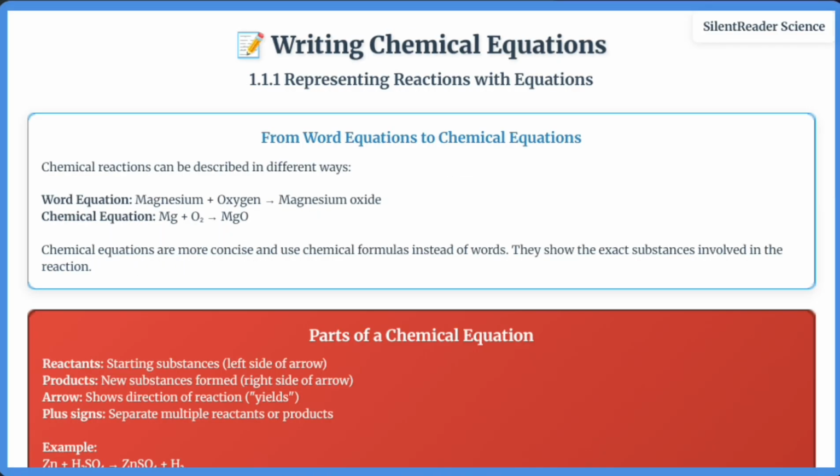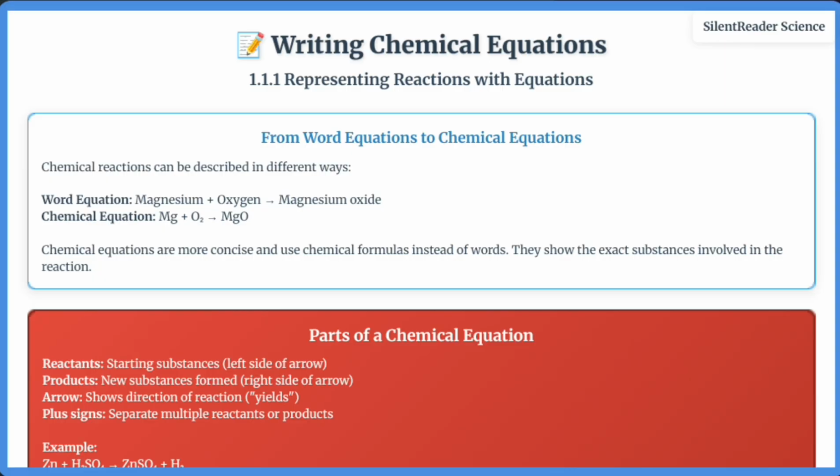Now let's learn how to represent chemical reactions using equations. We can describe reactions using word equations, like magnesium plus oxygen yields magnesium oxide. But chemical equations are more precise. Using symbols and formulas, Mg + O2 yields MgO.